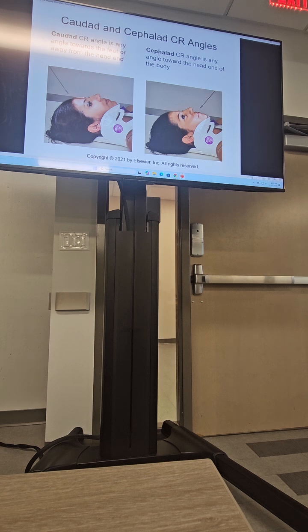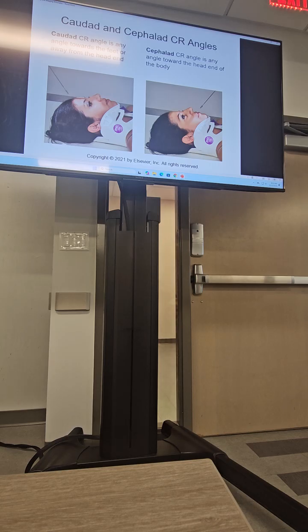Why? When we're doing a study of certain bones that are anatomically angled within our body, like the sacrum, our sacrum is not parallel to the image receptor. Our sacrum is angled. But we always want to show the true size and shape.